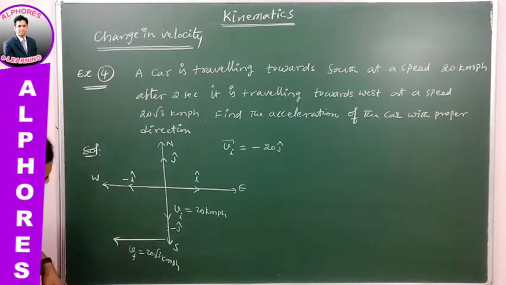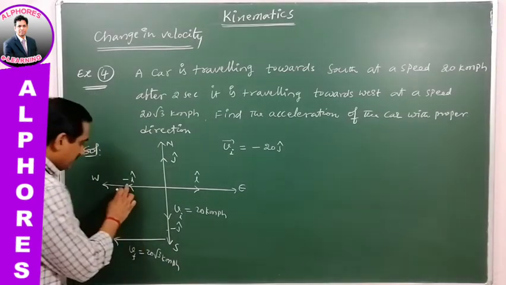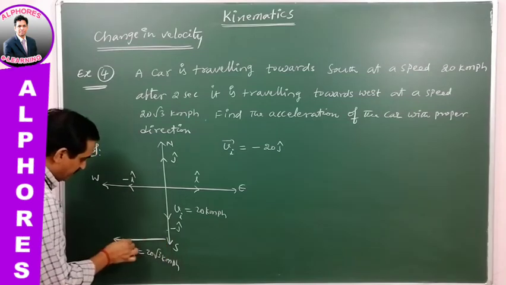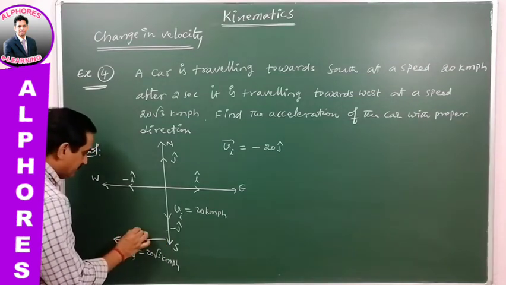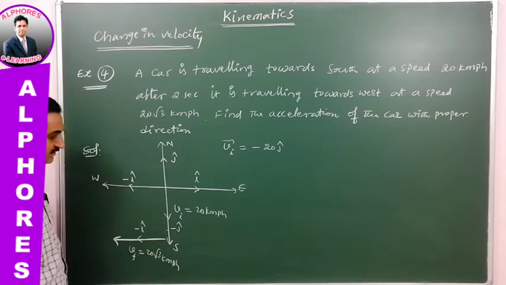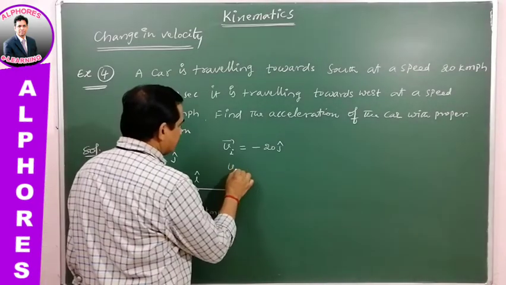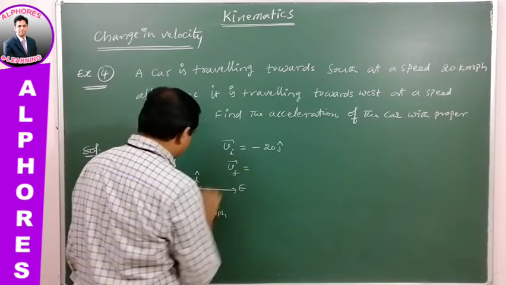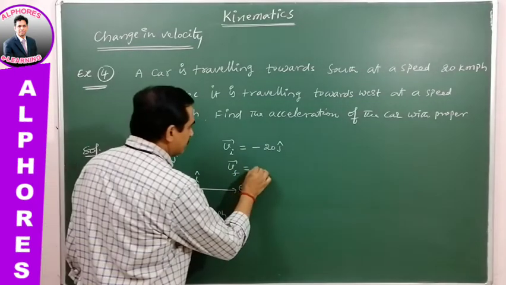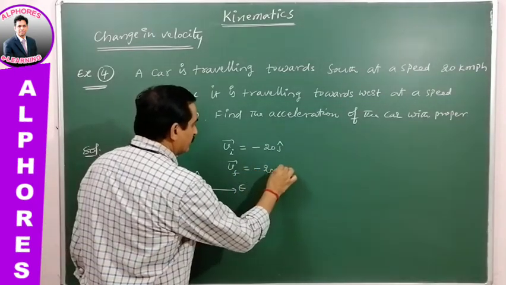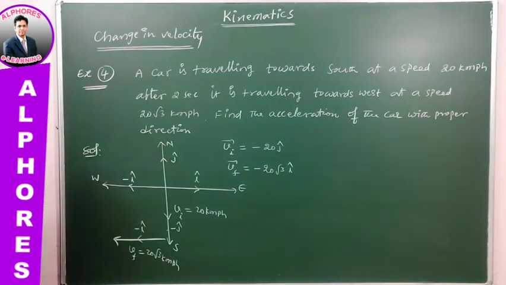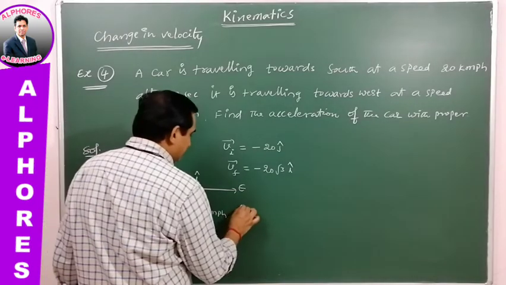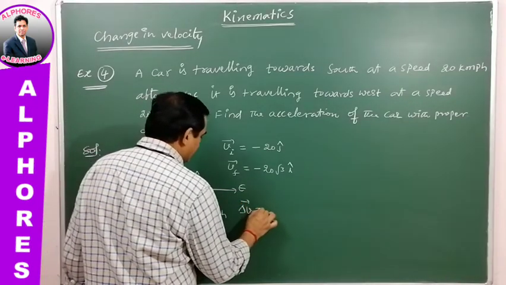Towards west is along minus i cap, therefore final velocity is minus 20√3 i cap.